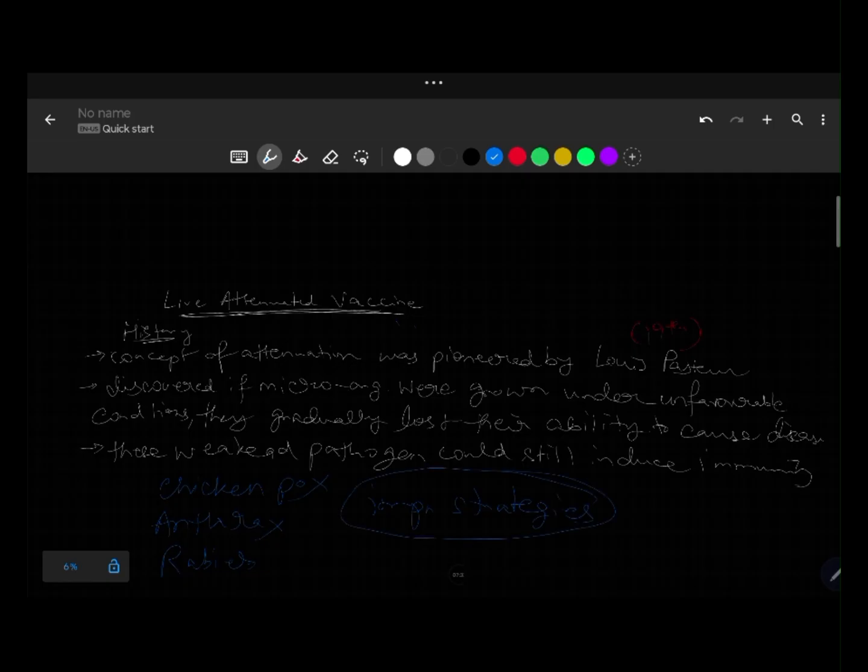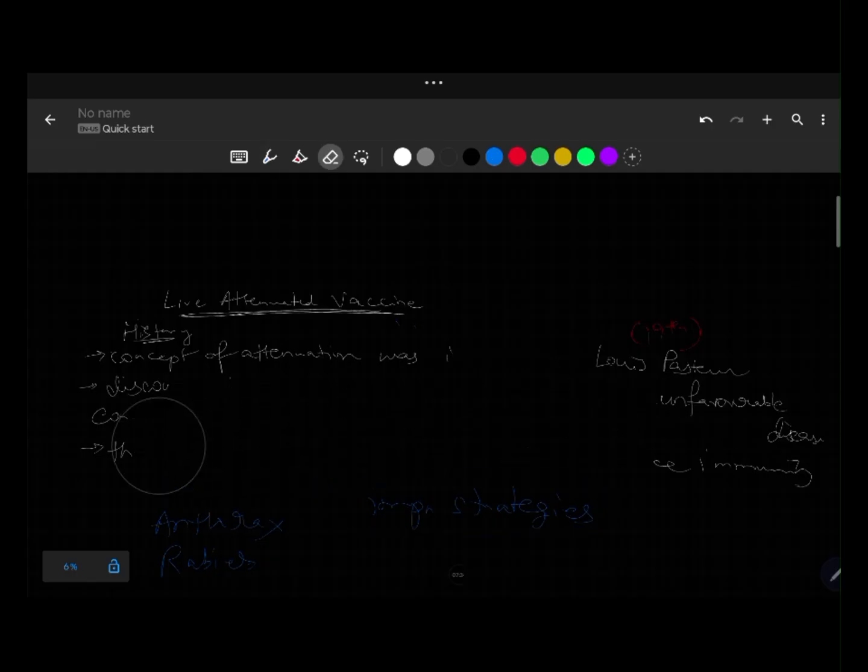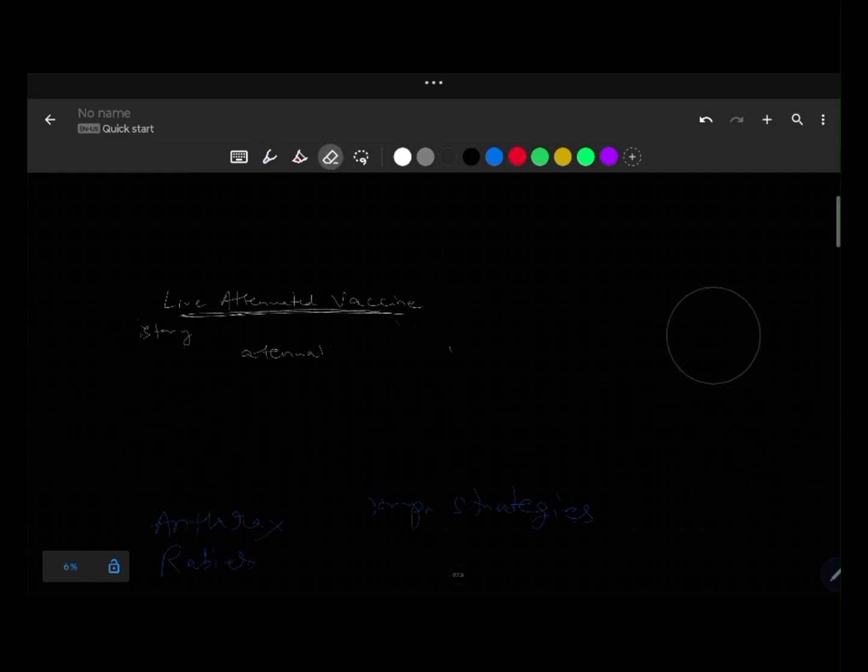So you can ask, how are these live attenuated vaccines produced?